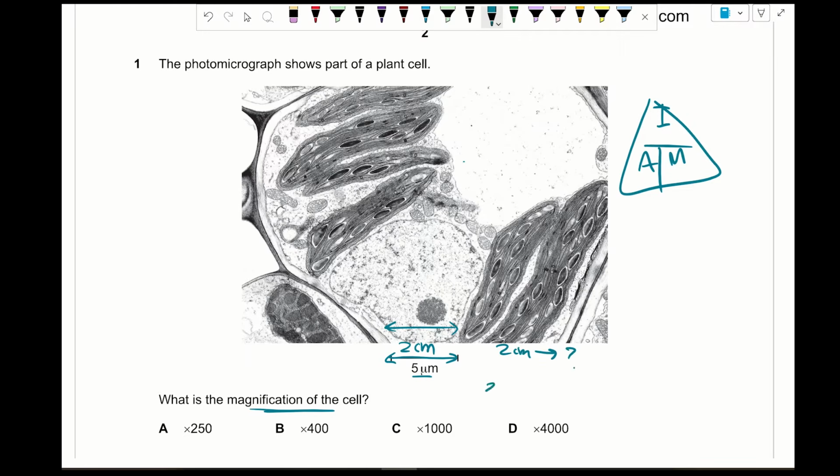How we do this is we multiply 2 by 10 to convert from centimeters to millimeters, then multiply by 1,000 to convert from millimeters to micrometers, which gives us in return 20,000 micrometers. Now, image size divided by actual size, so 20,000 divided by 5 micrometers, which gives us D.